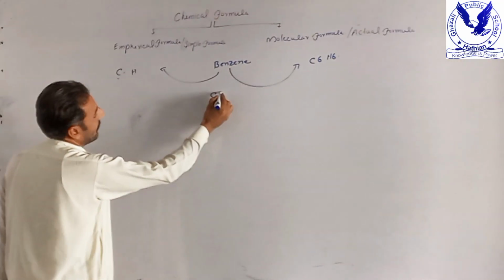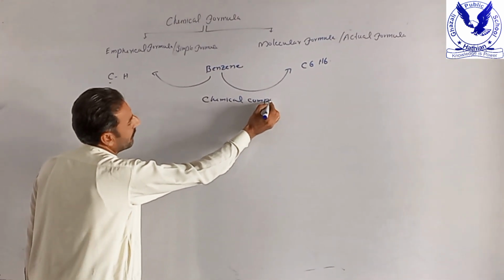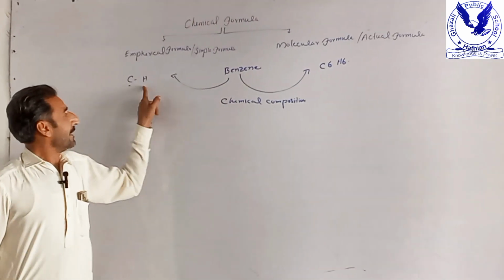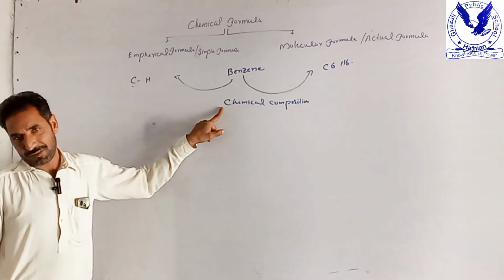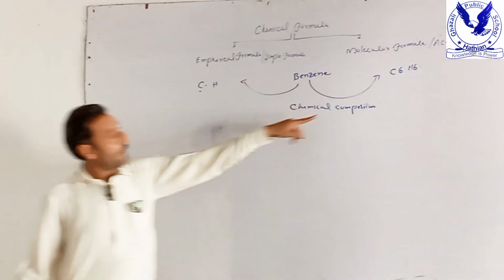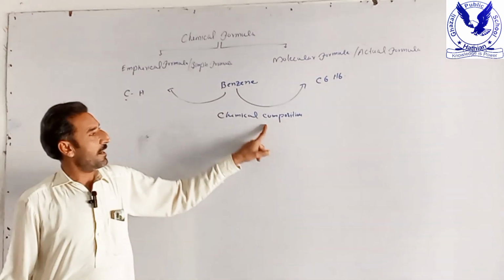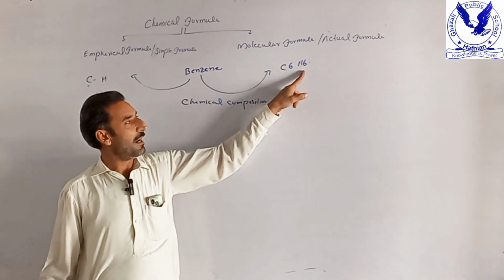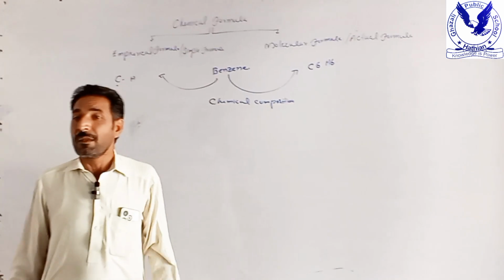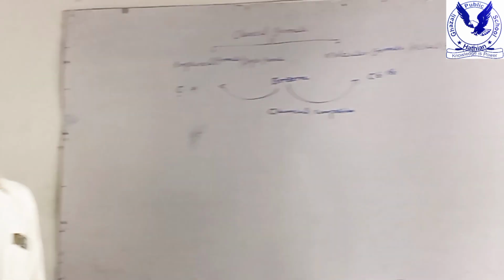Both formulas show the chemical composition of the same compound, that is, benzene consists of carbon and hydrogen. Both formulas show the chemical composition.